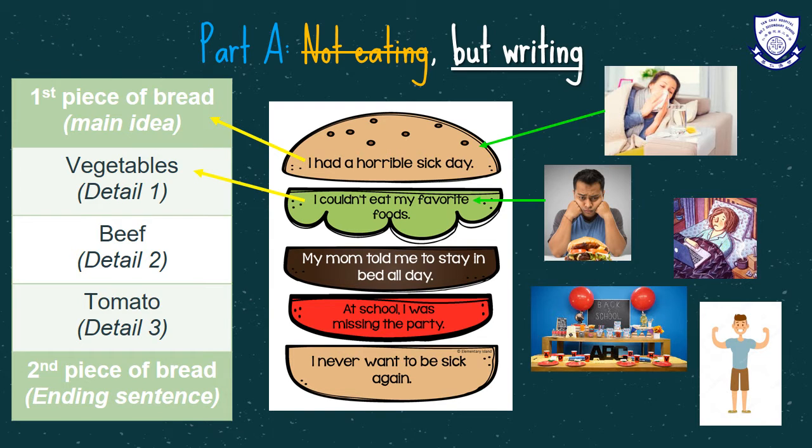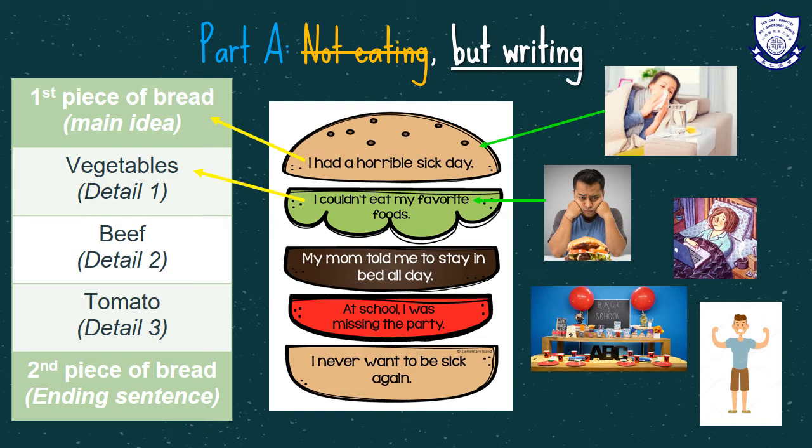So sentence number two, I couldn't eat my favorite foods. And you can see on your right-hand side, it is a sad man who faces a hamburger, but he seems unable to eat it.